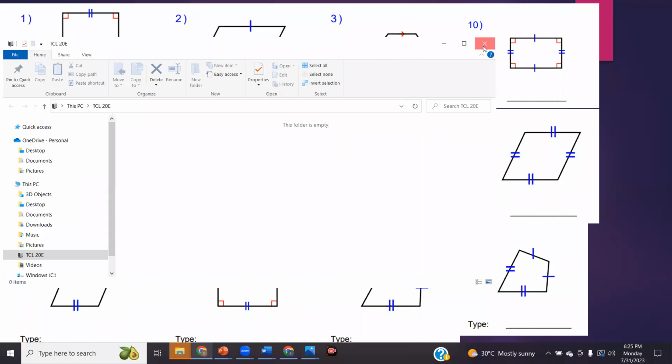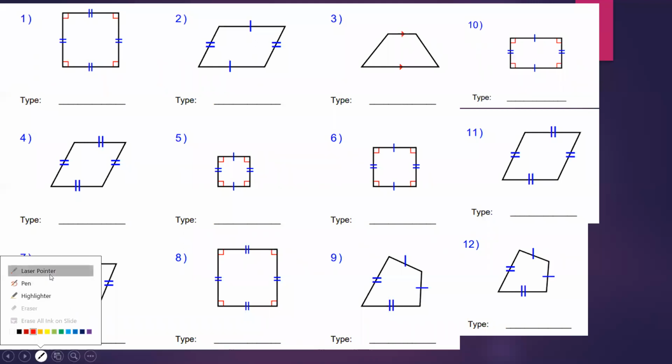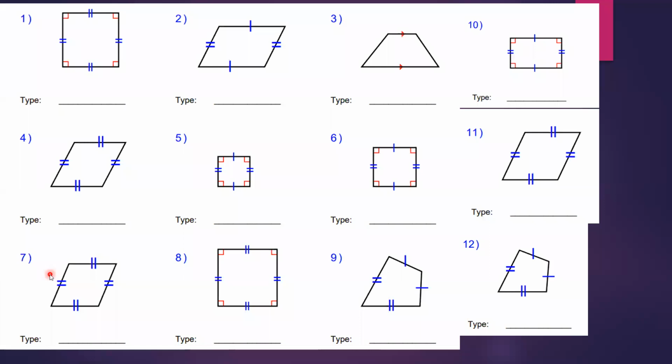Something important? Yes, sir. Anyway, please send in my homework. The homework that you never completed on Sunday. Not Sunday, on Friday.